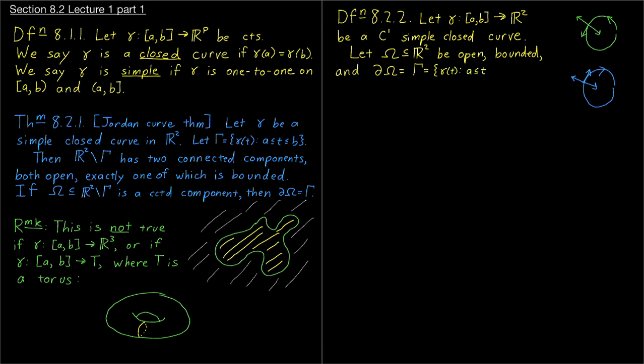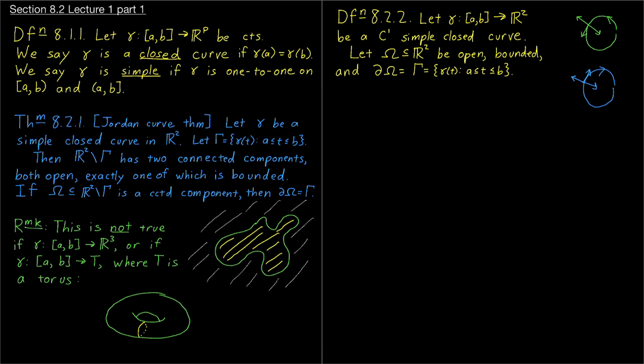The Jordan curve theorem promises us that such a set must exist, and it's not too hard to convince yourself that there can't be more than one set like that. Then gamma is 1-to-1, at least on the open interval, except at the endpoints.